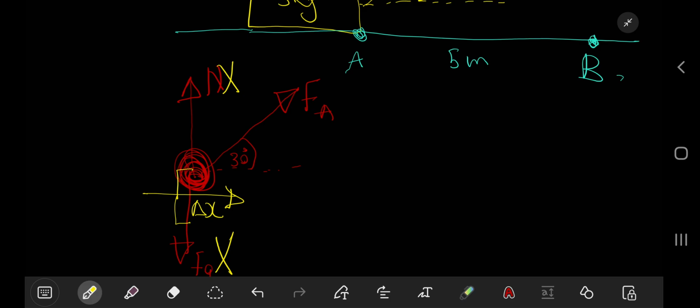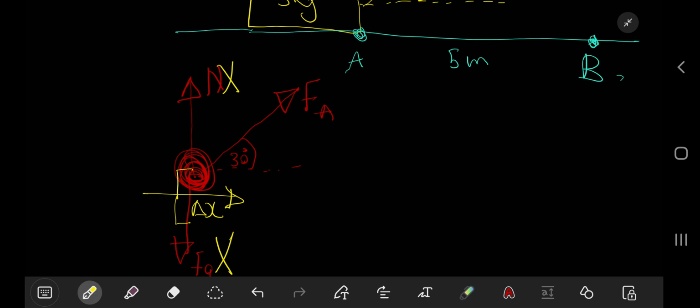The first approach is that you have to find the angle between the displacement and your force. The displacement is horizontal to the right, and your applied force is 30 degrees from the horizontal, so the angle between your displacement and your applied force is 30 degrees.